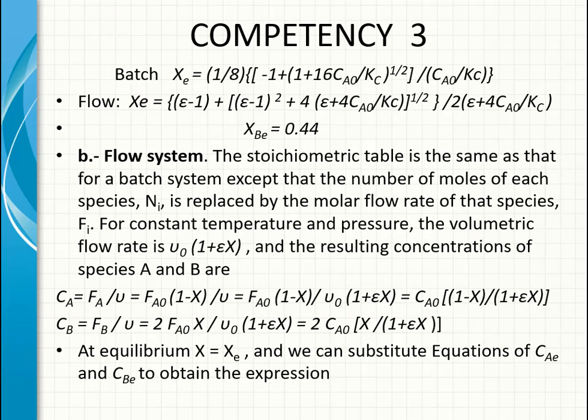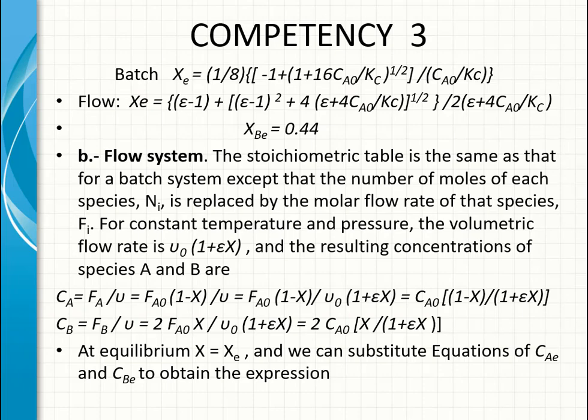So at the end, we will have that Ca is equal to Ca0 times 1 minus x divided by 1 plus epsilon x. And this last term, 1 plus epsilon x, is the one that appears as a difference between the batch system and the flow system. And so, for the concentration of B, we will have that it's going to be 2 Ca0 times x divided by 1 plus epsilon x.